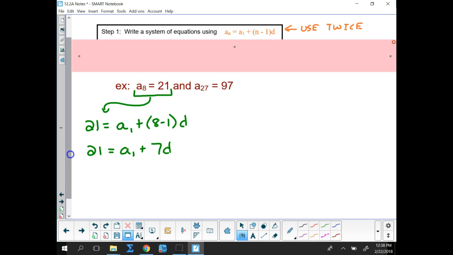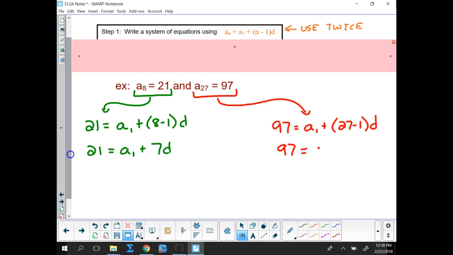That's using it once. Now, let's use it twice. Now, my 27th term is 97, so I can write that, which gives me 97 is equal to a sub 1 plus 26d.